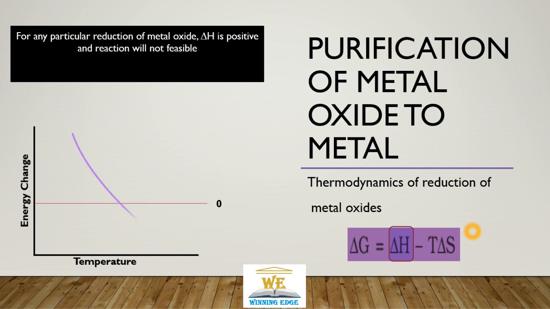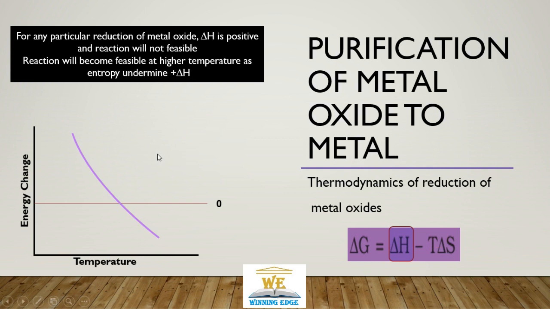The reaction will become feasible only at high temperatures, as the change in entropy at high temperatures will compensate for this positive delta H, and the reaction will become spontaneous as delta G is negative.